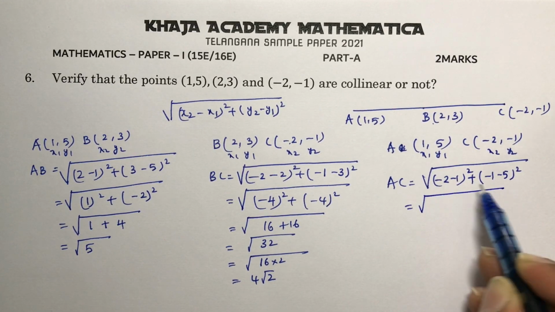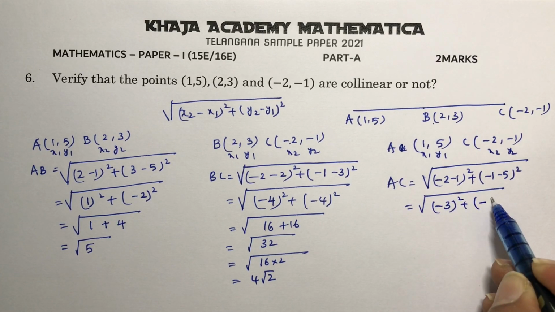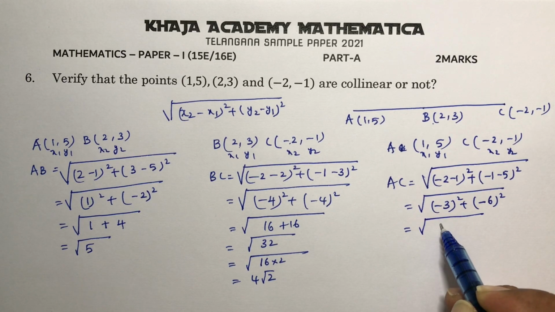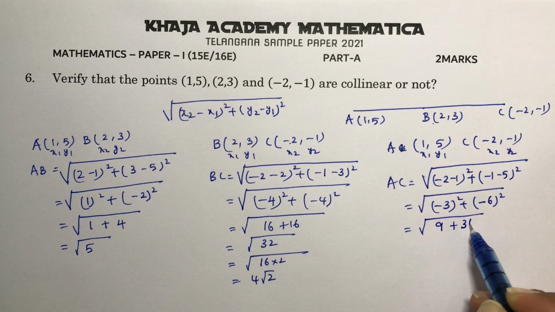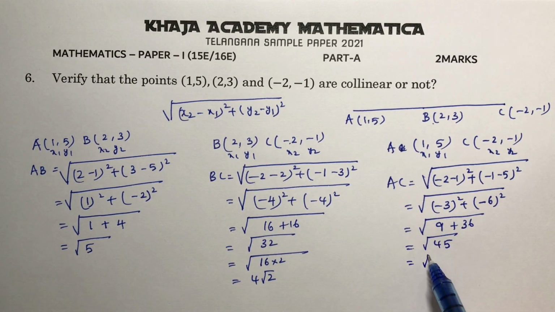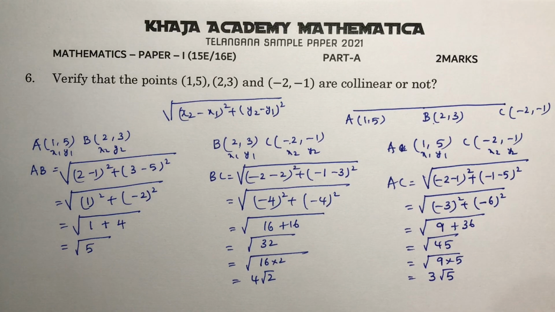So here minus 2 minus 1 is minus 3 whole square, and minus 1 minus 5 is minus 6 whole square. So this is 9 and this is 36. So root 45. Root 45 you can write as 9 into 5. So that is 3 root 5. AC distance is 3 root 5.